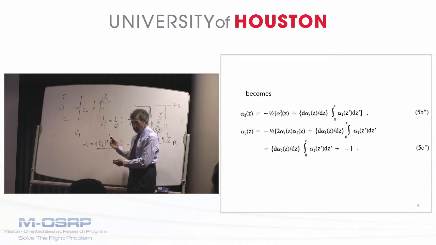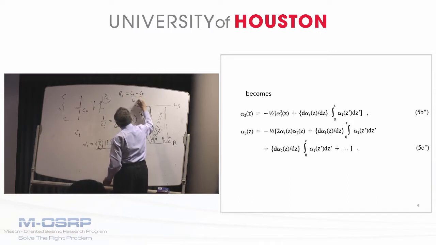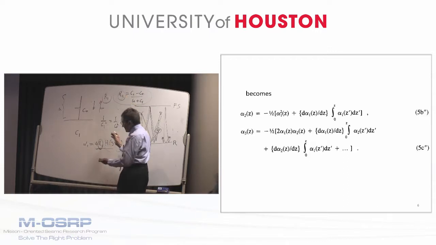In this case, alpha is a number, and there's another number that cares about C0 and C1, and that's R1, the reflection coefficient. R1 is C1 minus C0 over C0 plus C1 or something, yes? So R1 and alpha both are functions of C0 and C1. You can express one in terms of the other, it turns out.